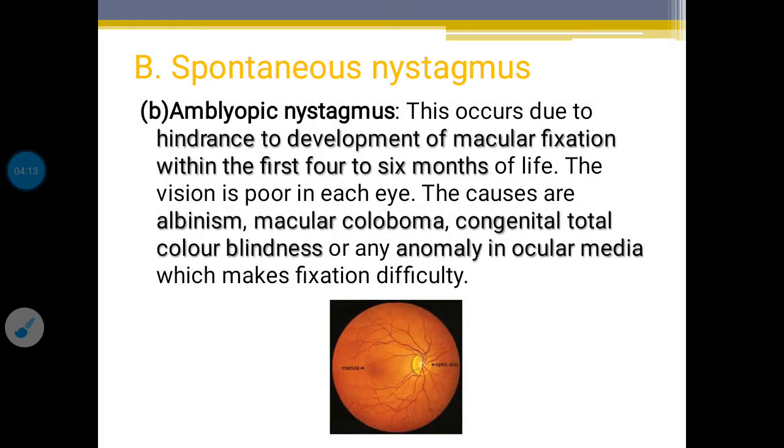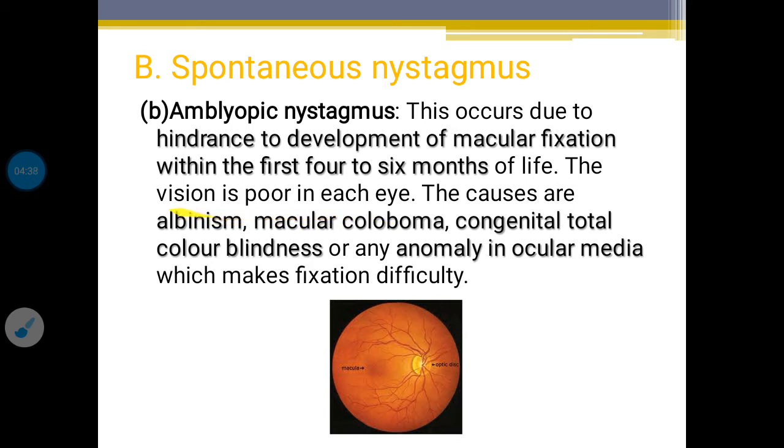Another variety under spontaneous nystagmus is amblyopic nystagmus. It occurs due to hindrance of development of macular fixation within the first 4 to 6 months of life. So if macular fixation does not develop up to 6 months of life, then amblyopic nystagmus will develop.